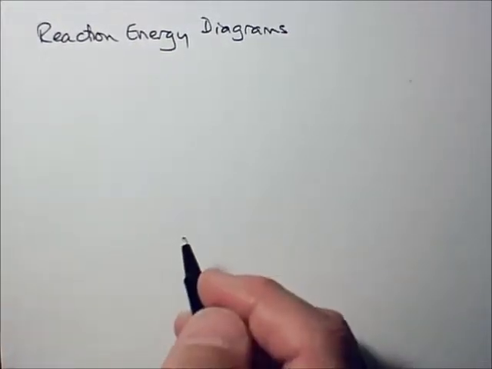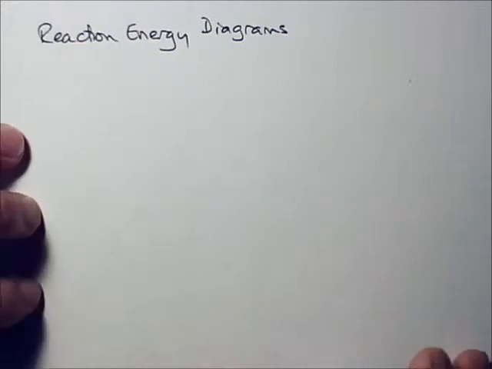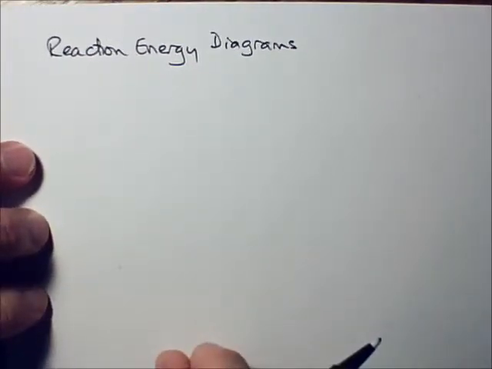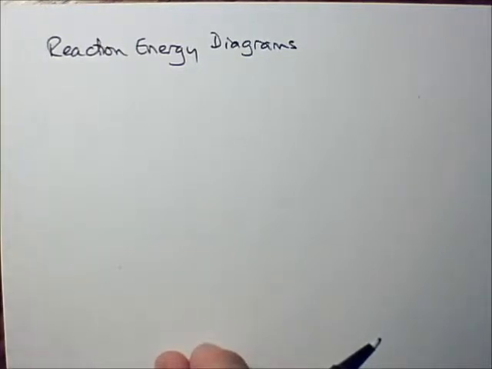This is something a little different. It's still talking about change in enthalpy, but the ice cream lab is all about physical change, and now we're back to chemical change. These energy diagrams work for both chemical and physical, but we won't get to that too much.